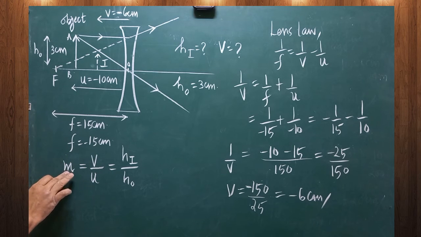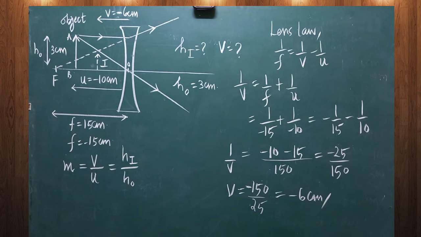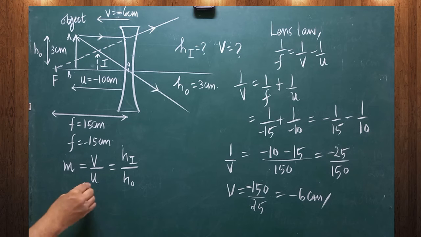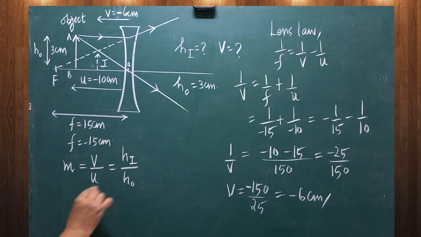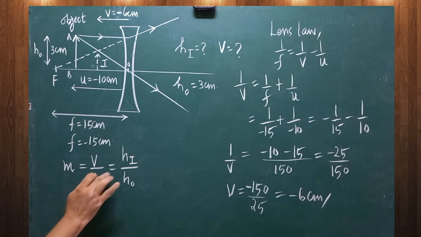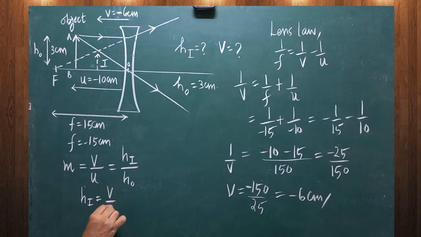This ratio is equal to m, and this ratio is also equal to m. Take this part alone. From this we get the new formula: v by u is equal to hi divided by ho. So what is the formula for hi? hi is equal to, cross multiplying, v by u into ho. This is the formula.